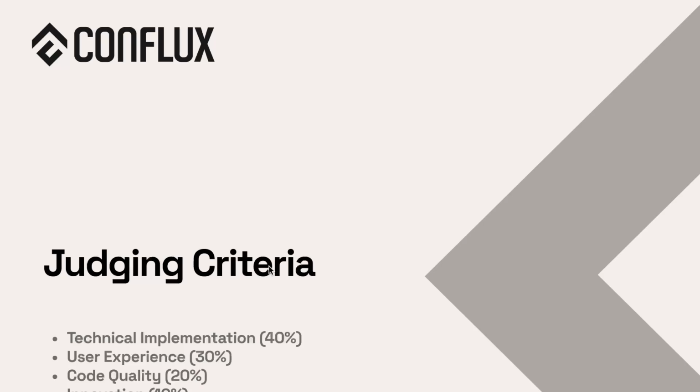Here's the judging criteria. We've allocated 40% of the evaluation to technical implementation, which is the key. We also care about user experience, that's 30%, as well as your code quality, which will be 20% of the evaluation. We also evaluate your innovation, your idea.